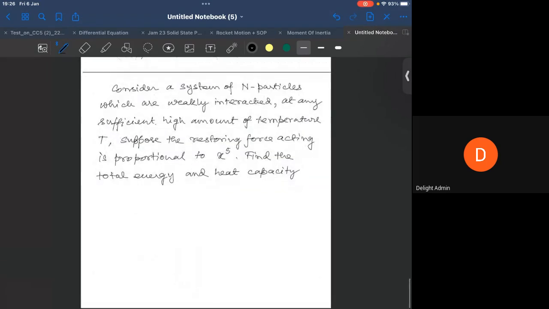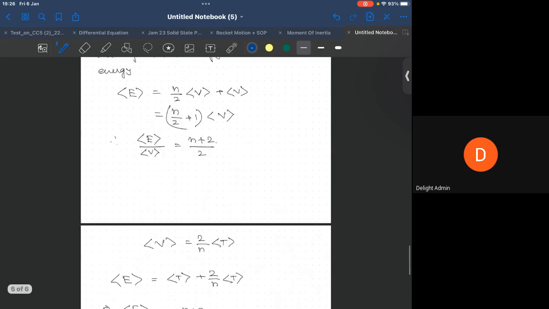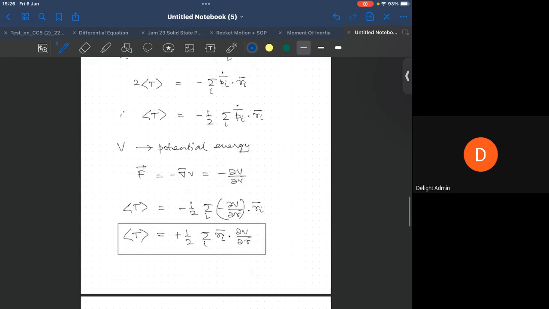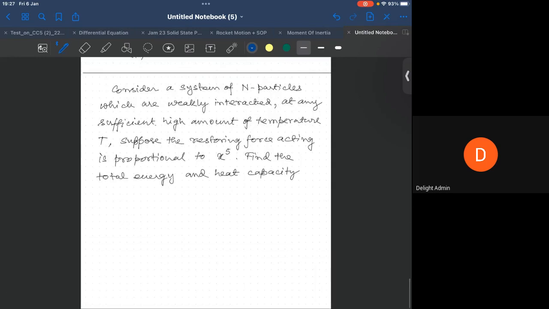So how to find it out? It is given the restoring force, and we have already seen that we can represent the Virial term, because p dot is the force. So here T is equal to n by 2 V. Now what is V? V means F dot r, so F means del V del x dot x.